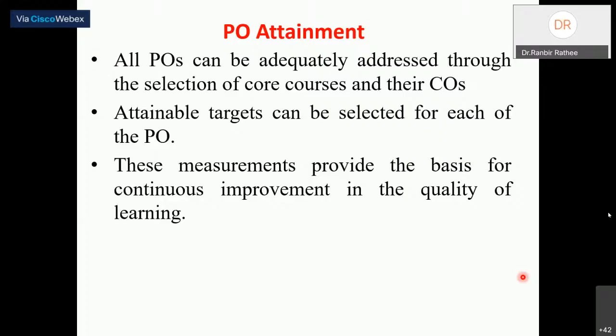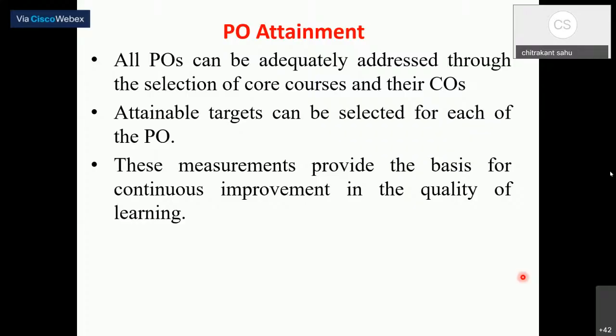Okay. And one question I saw in the chat box, how to decide the degree of correlation of CO and PO mapping, the course outcome and program outcome mapping. So it is generally recommended to consider the weightage given to the CO. Let's say I plan my lecture timetable in such a way that I have 40 hours of lecture in a semester, and I divide my 40 hours in terms of course outcomes, not lecture wise.